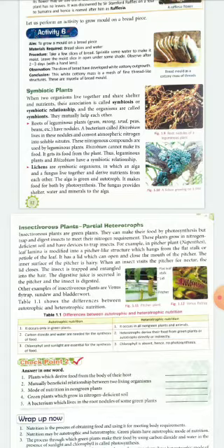It helps the atmospheric nitrogen to be absorbed by the roots of the plant, and in turn, the bacteria get food from the roots of the leguminous plant. So it is a symbiosis, and lichens are made up of alga and fungi. Alga provides food to the fungi and fungi provides shelter to alga.